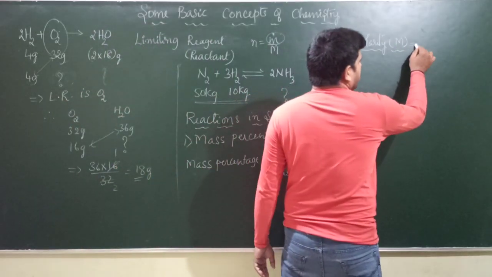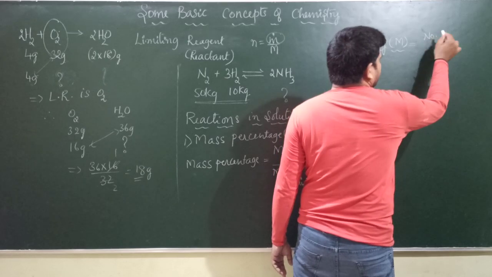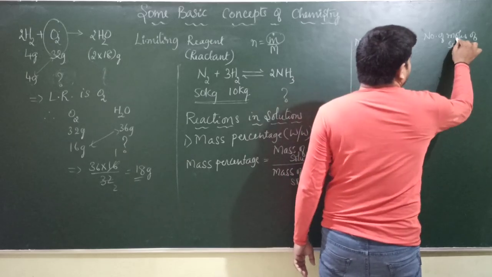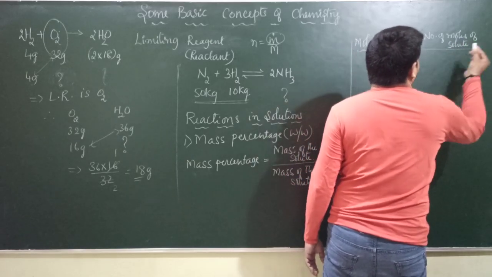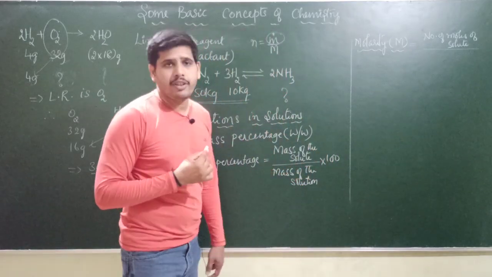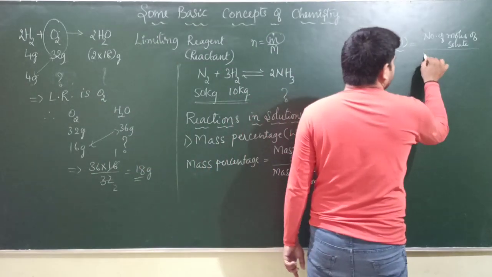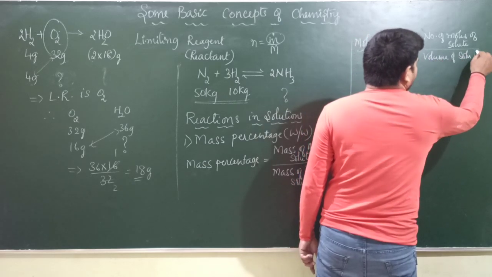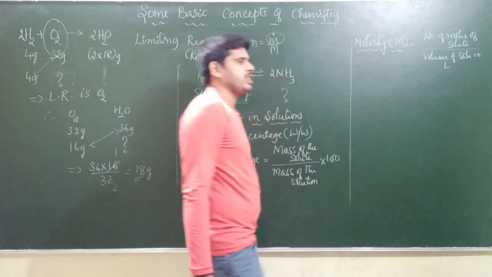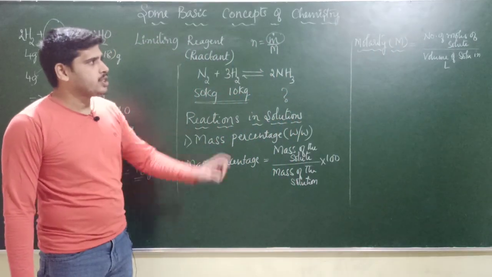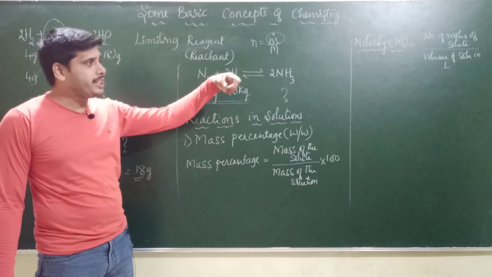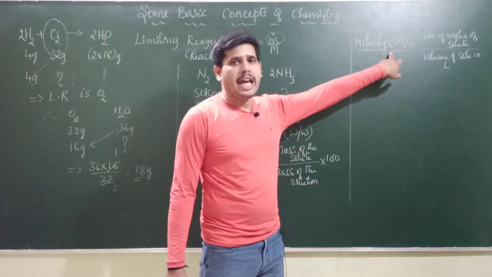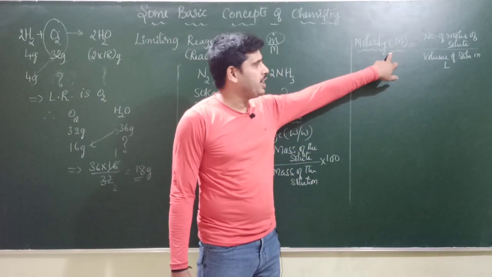Molarity M is equal to number of moles of solute divided by volume of solution in liters. Capital L I have written for liter. So how many moles of solute present in a liter of solution is the molarity.